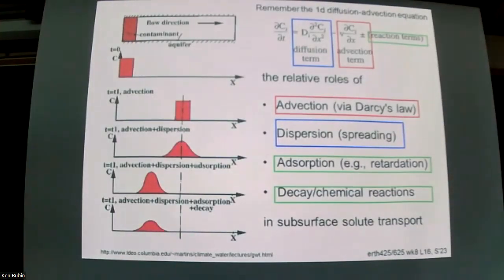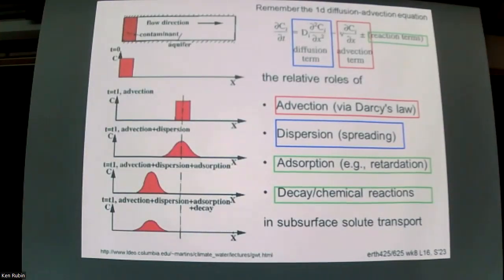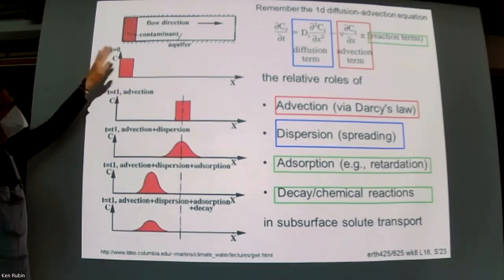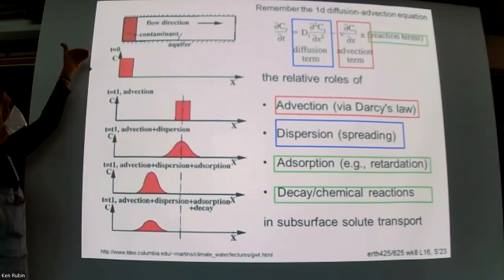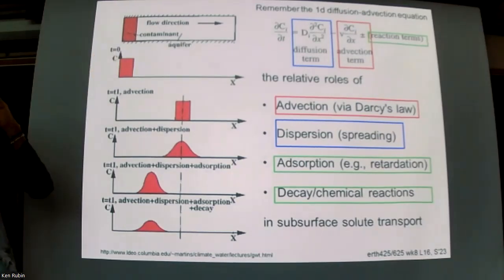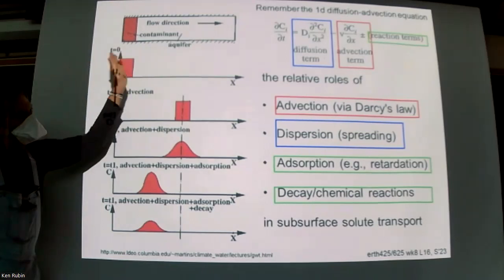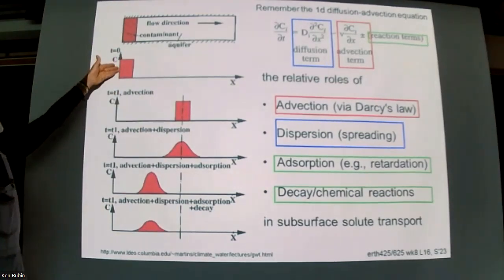Okay, so these are just some other examples, reminding you how the diffusion advection equation, which we talked about last time, applies in some simple scenarios. So this is time 0, where contaminant is injected into the subsurface. You're looking at a side view of an aquifer, and this is distance x along the aquifer. So we inject some chemical at time 0.